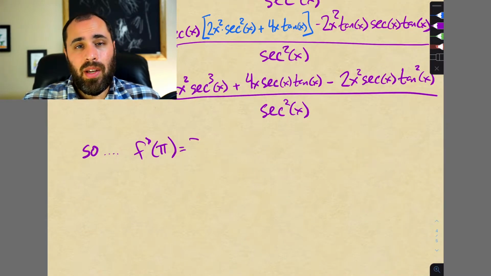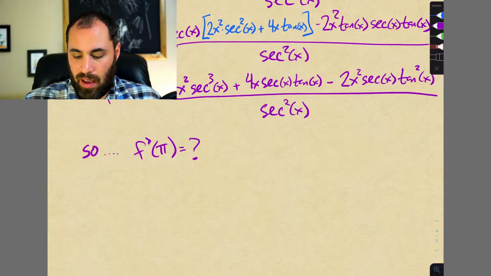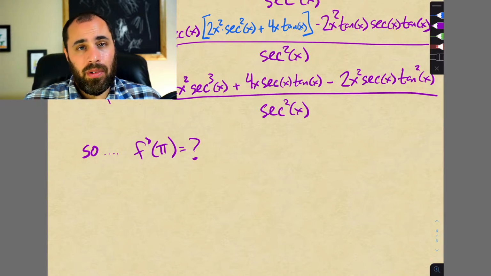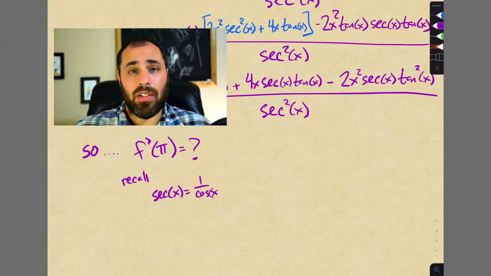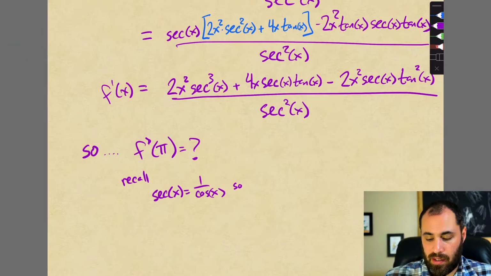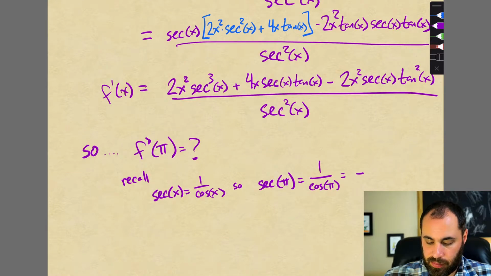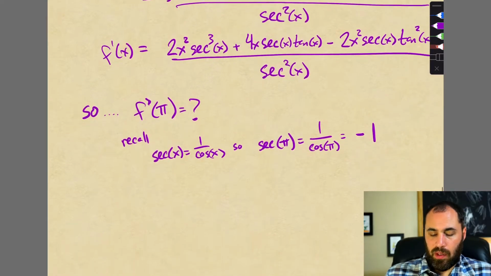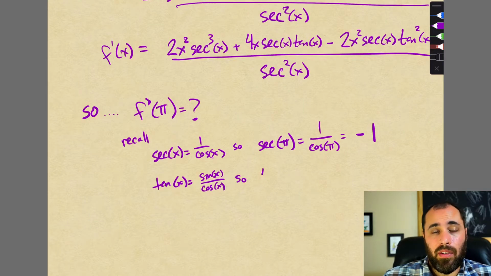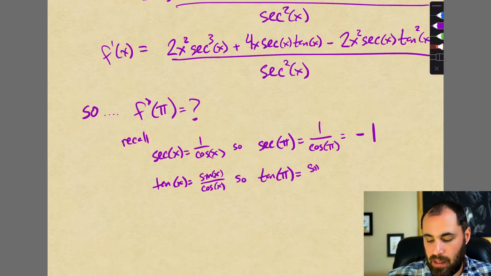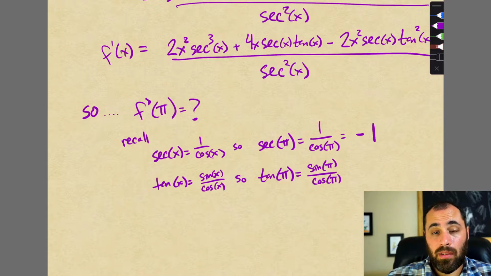So what is f prime of pi? If you look through here, we only need to know a few functions evaluated at pi, that is secant and tangent. Let's remind ourselves what their values are at pi. Secant of pi is minus 1, tangent of pi is 0.